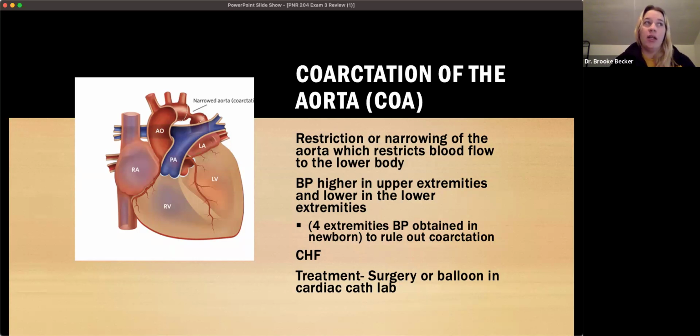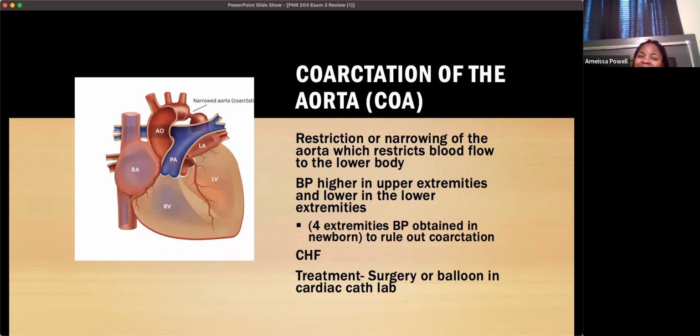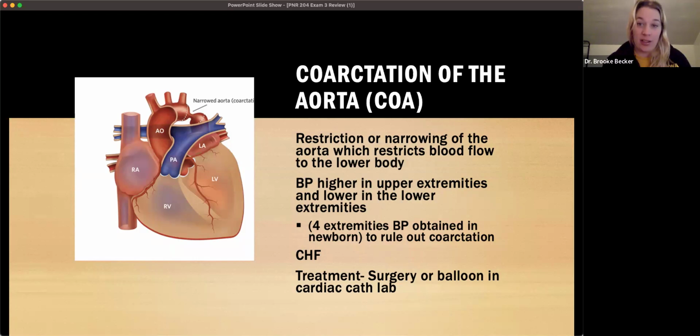So because they have a narrowing in the aorta, is it cyanotic or acyanotic? Is the circulation to the lungs affected in this defect?